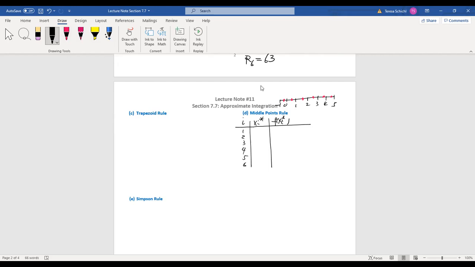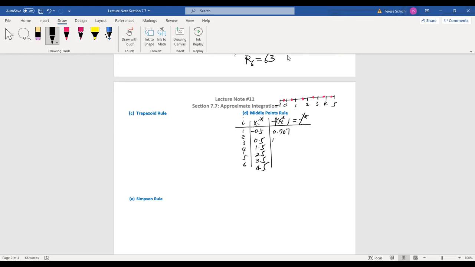The first one is -0.5, then 0.5, 1.5, 2.5, 3.5, and 4.5. Now you plug all these midpoints into the function 2 to the x star.